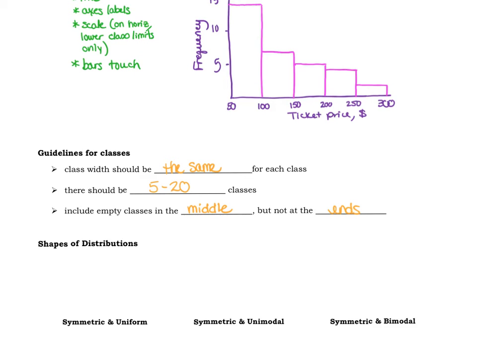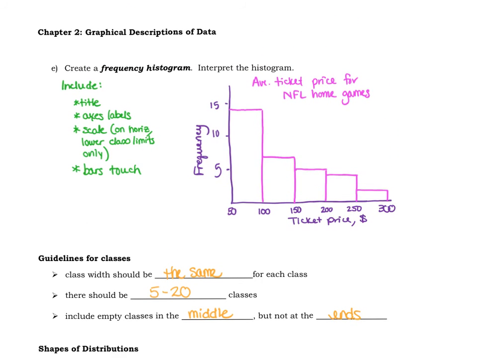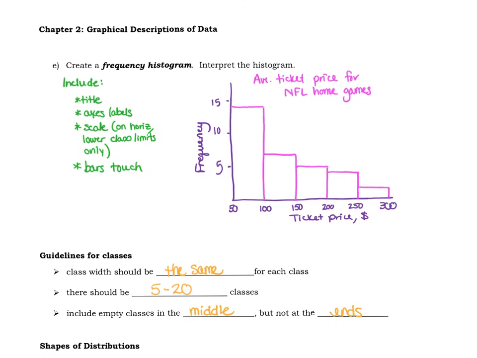There is one other thing I need to do. I just realized back here that I ignored some instructions that say interpret the histogram. I forgot to do that part, interpret the histogram. So again, this is just a matter of what can you say, based on the histogram.